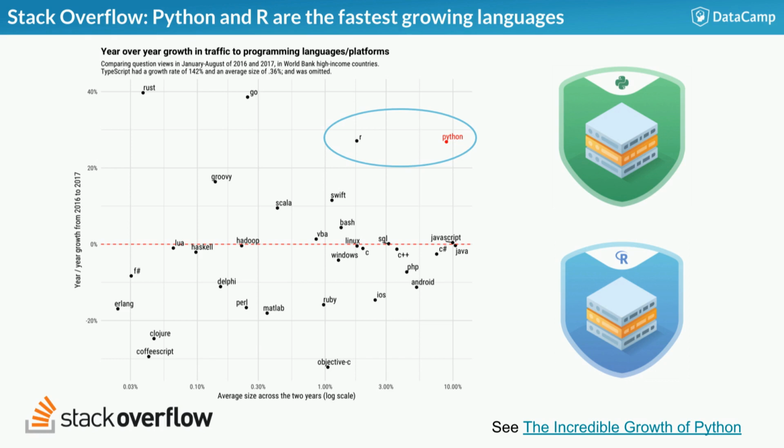And this really proves that data science education is an amazing place to be right now, because if you look at the 2 really fast-growing languages, close to 30% year-over-year growth, you see R and Python up there. And what's even more striking is that Python is doing so while being a really large software language compared to the other ones. Because if you look at the horizontal axis, you'll note that this is a log scale.